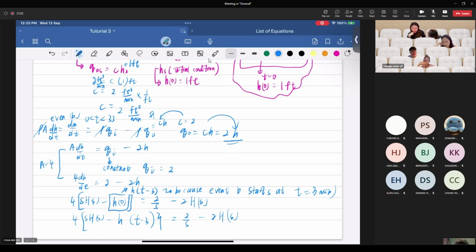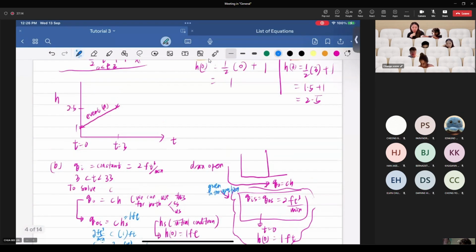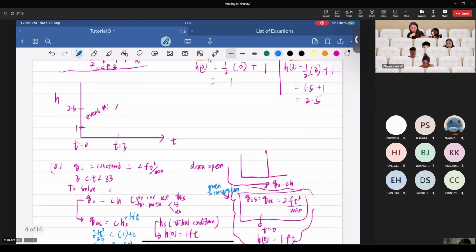And initial condition, which is the h of event B, actually is the endpoint of this one. So here is h t minus 3 equivalent to 2.5 feet.